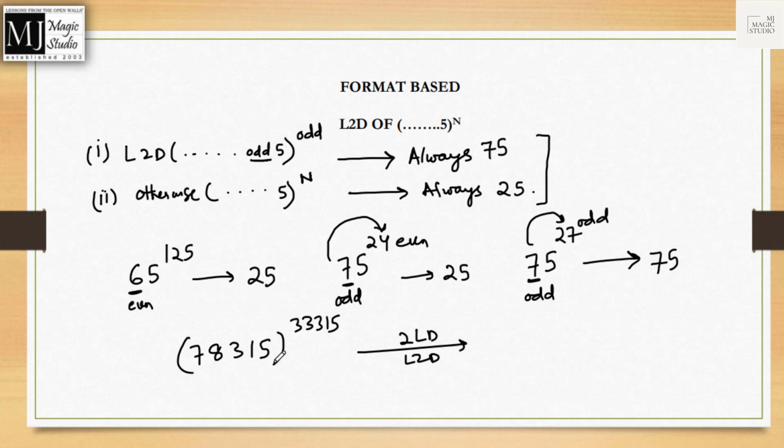We see that the last digit is 5. The second last digit is odd. Bingo. Go to the power. The power is odd. Bingo. We know that the last two digits would be 75 and nothing else.